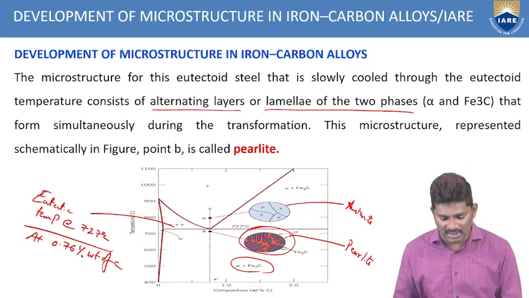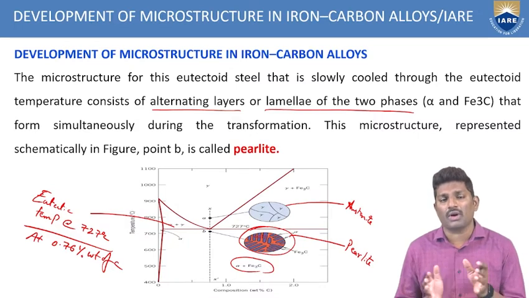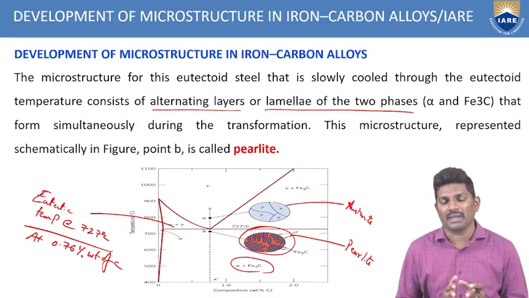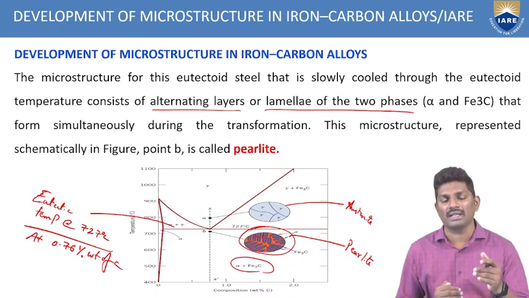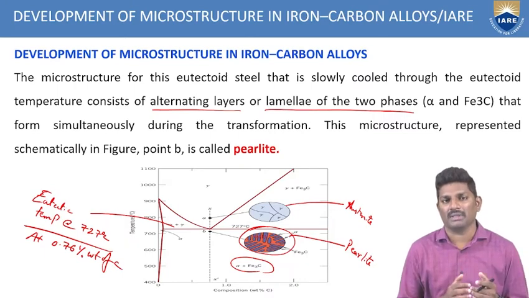Whatever you are seeing here, alternately blue, orange, is the combination of alpha and Fe3C. The complete microstructure of these alternate layers is called pearlite. So, above you have austenite and below the eutectic temperature you have pearlite. This is how it develops.